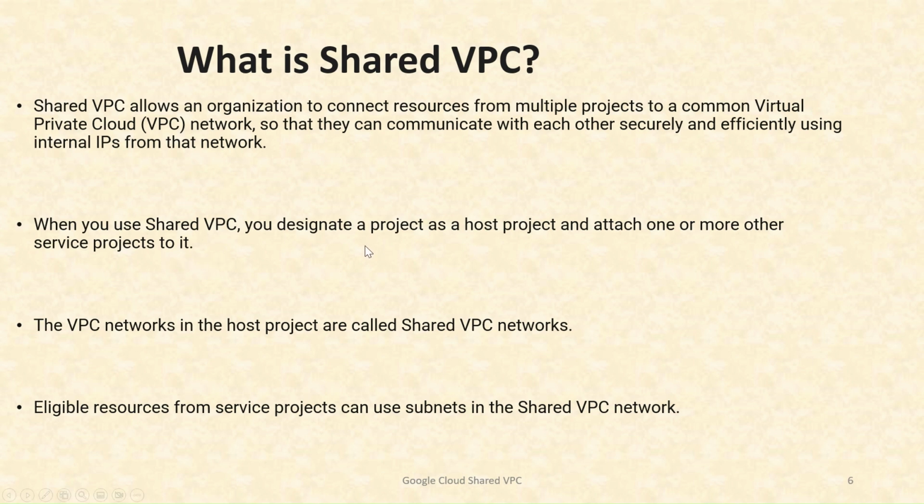When you use shared VPC, you designate a project as a host project and attach one or more service projects to it. The VPC networks in the host project are called shared VPC networks. An eligible resource from a service project can use the subnets in the shared VPC network.